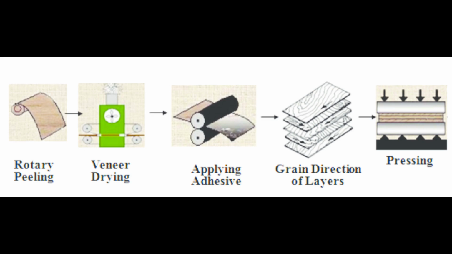Plywood for indoor use generally uses the less expensive urea formaldehyde glue, which has limited water resistance, while outdoor and marine grade plywood are designed to withstand moisture and use a water resistant resorcinol formaldehyde or phenol formaldehyde glue to prevent delamination and to retain strength in high humidity.